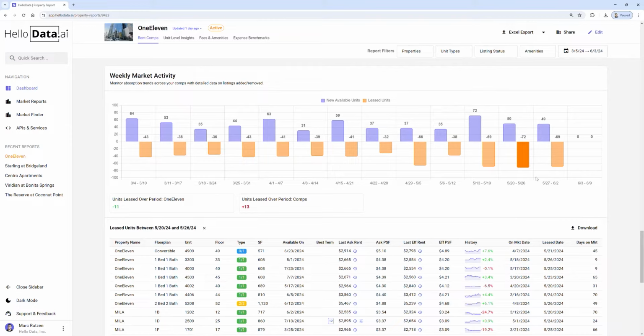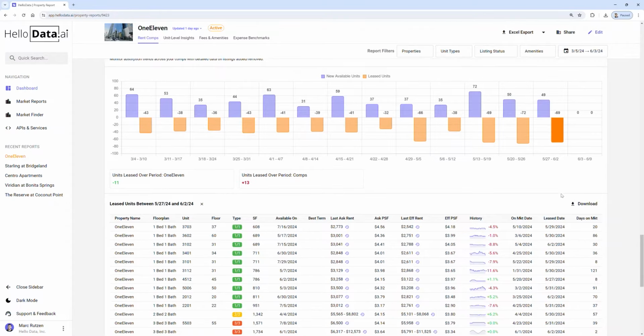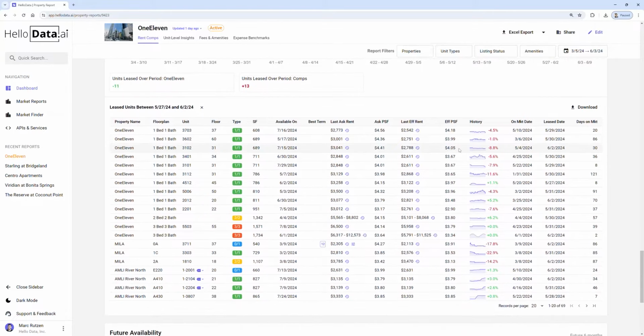Because it shows you in real time every day what is happening in the market and how that is changing week over week. So if I look at just last week, so today's a Monday, so we're starting to collect data. This part of the graph will be updated as of tomorrow with any units that were removed from the market. But here we see from last week, 69 units left the market. Here are the particular units that were removed from the market. We see unit 3703.